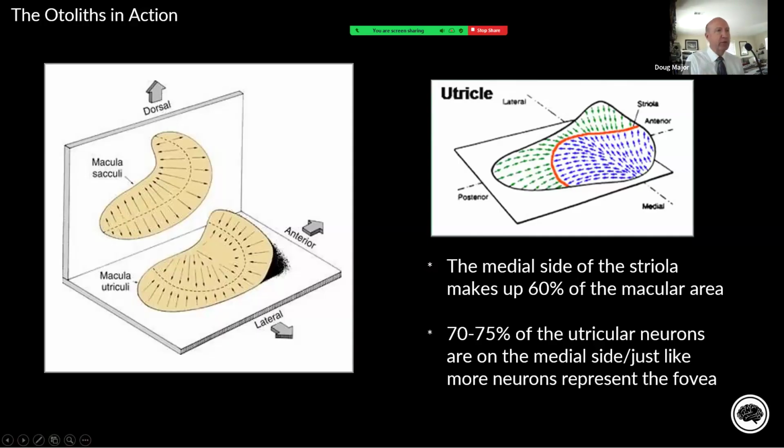I think it's interesting when you look at this, the amount of striola on the macular side, those little sensors, and how much of the utricle is on that medial side. And you notice that even the saccule is pretty much up and down, that the utricle has that interesting tilt that helps us, again, disambiguate this issue.